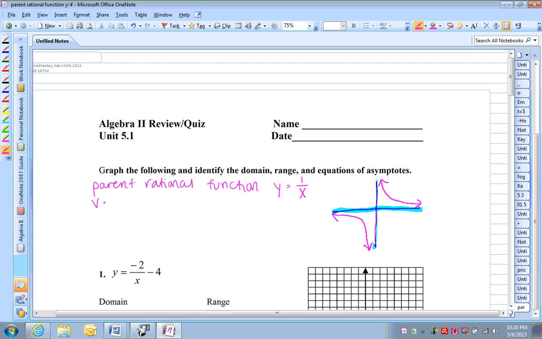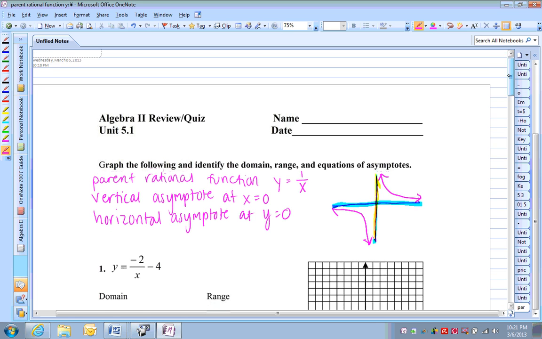So it has a vertical asymptote at x equals 0, and that's this y-axis right here. And it has a horizontal asymptote at y equals 0, that blue line along the x-axis.